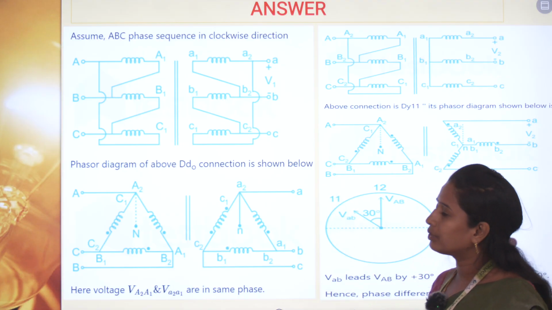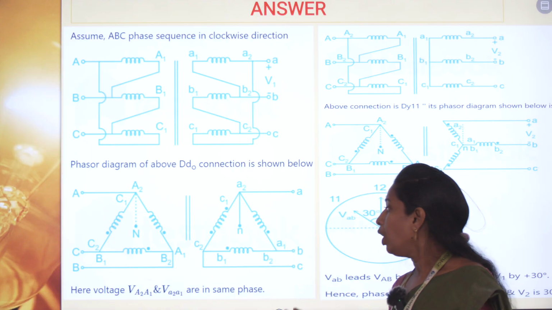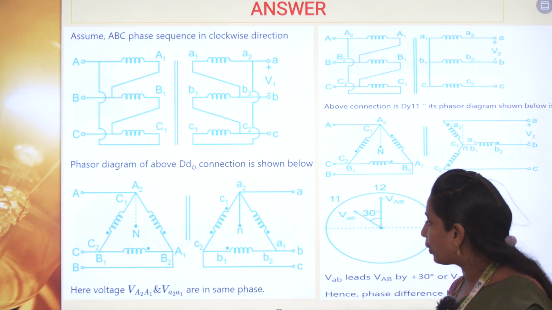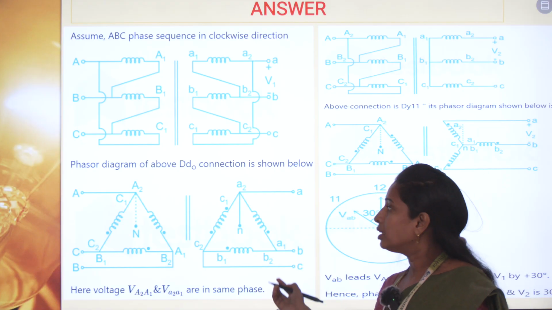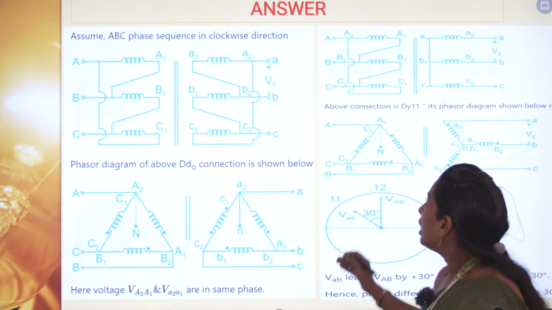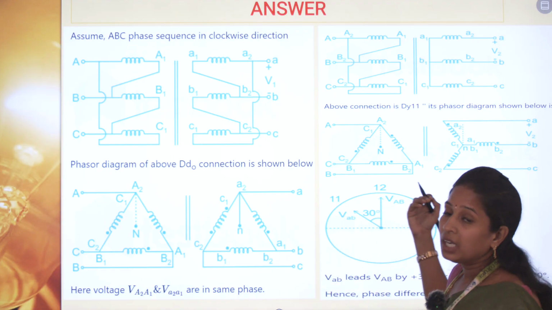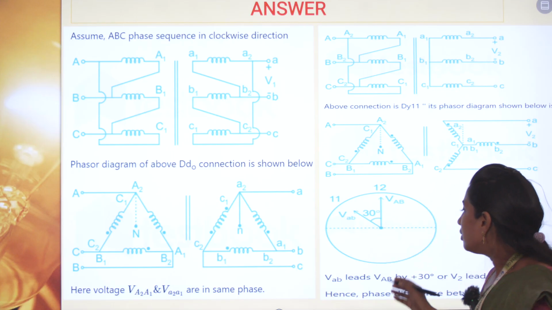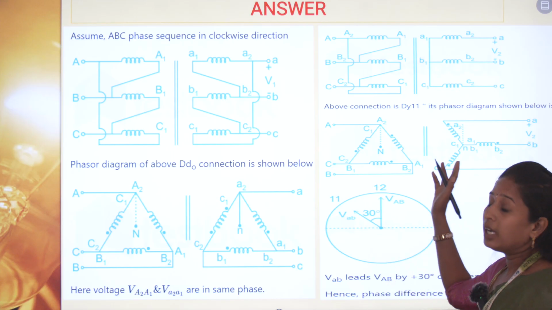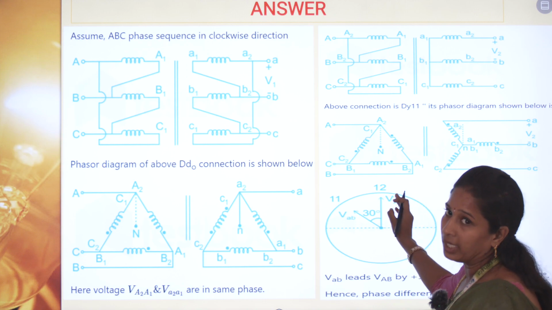When we are connecting delta to delta, both the primary winding and secondary windings are in the same phase. That we can see from the diagram. And when we are connecting delta to star, it varies: the secondary winding leads the primary winding.